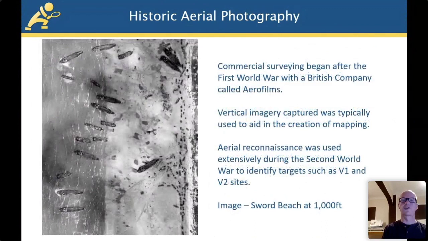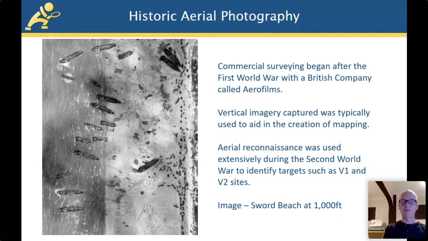Then commercial surveying began after the First World War with a British company called Aerofilms. As is the case today, vertical imagery captured was typically used to aid in the creation of mapping. One of the main applications, as you'll see, for updating aerial photography is the updating of topographical mapping.